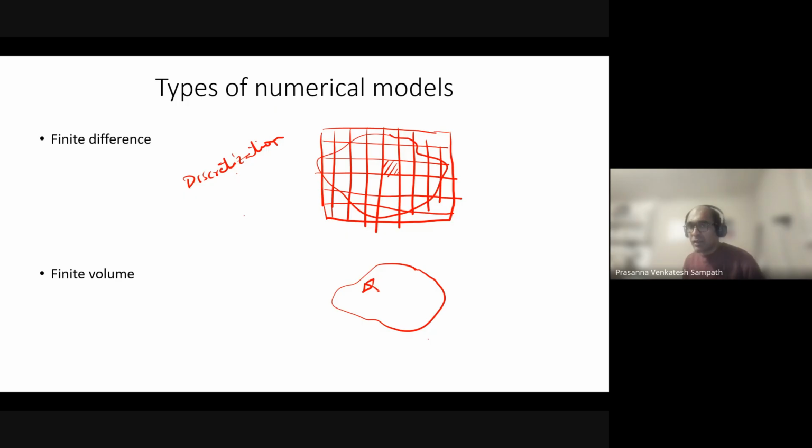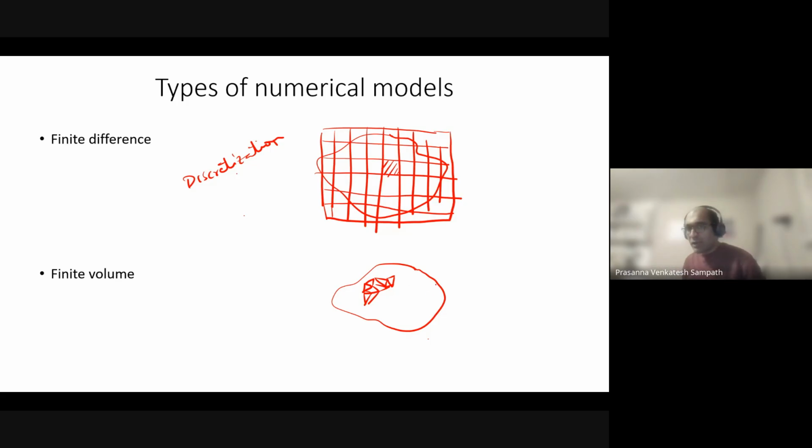I'll not be able to draw so many triangles. I may even break it up into these kinds of triangles and so on. Anyway, if I have a triangle, it's easier to discretize it with some kind of an irregular boundary. And these triangles need not be of the same size all the time. You can have smaller triangles, you can have bigger triangles, and so on, right?